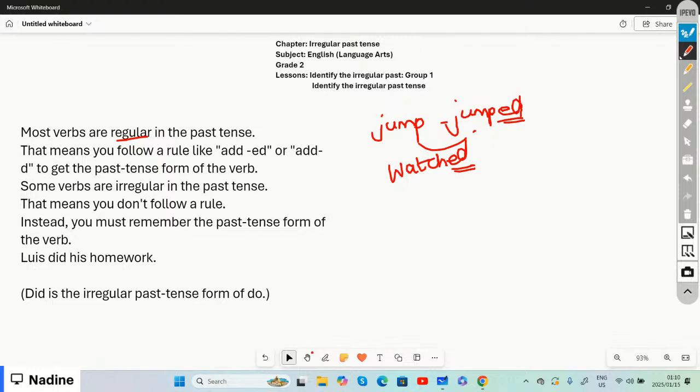And that is basically verbs in the regular past tense. But now we're going on to verbs in the irregular past tense.